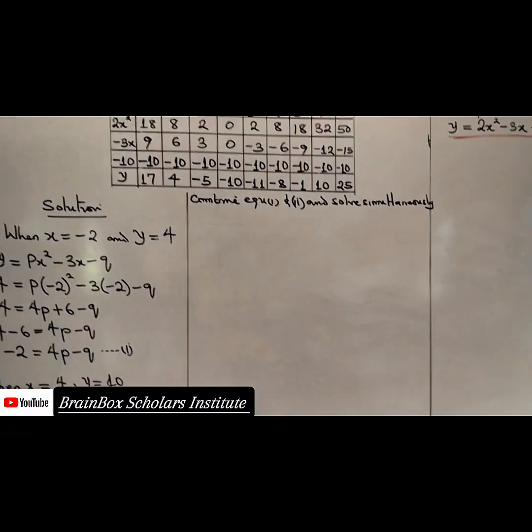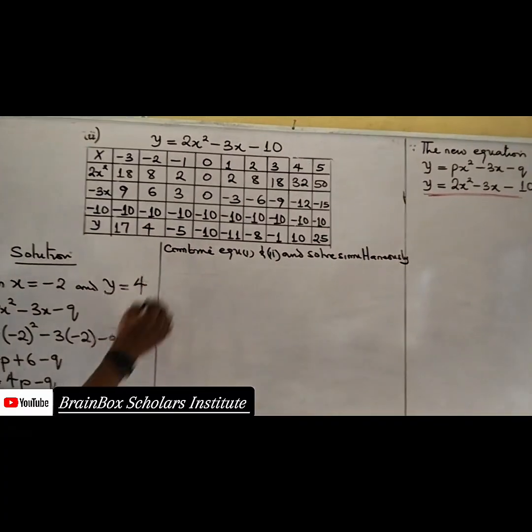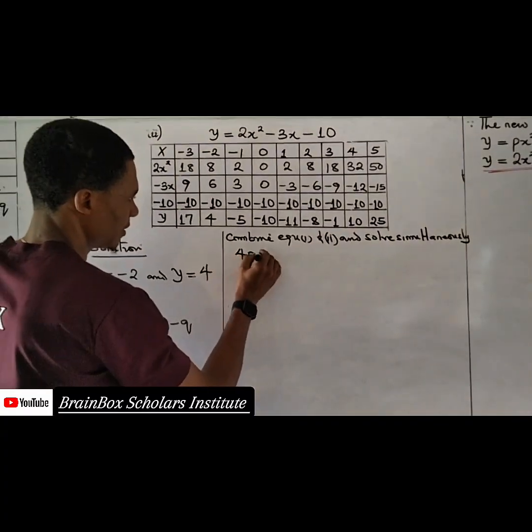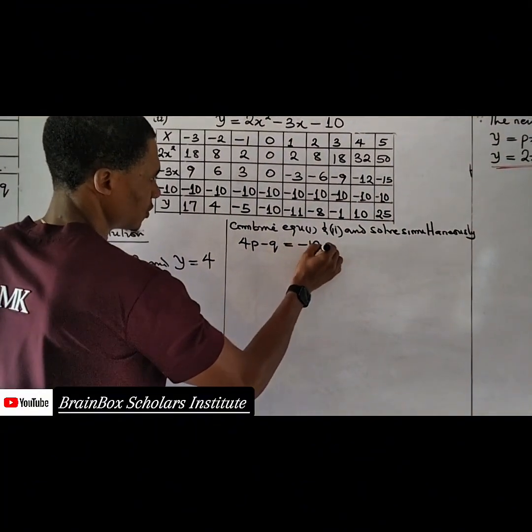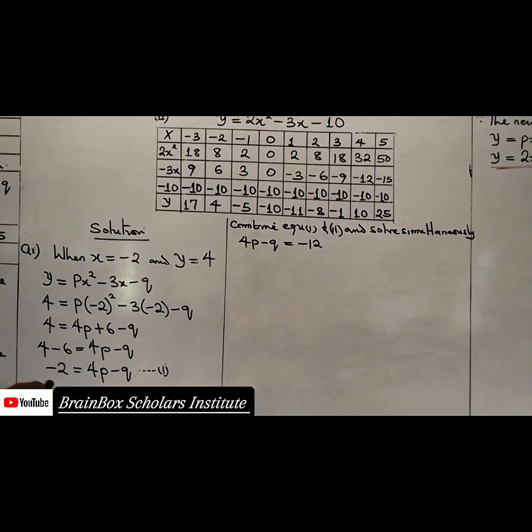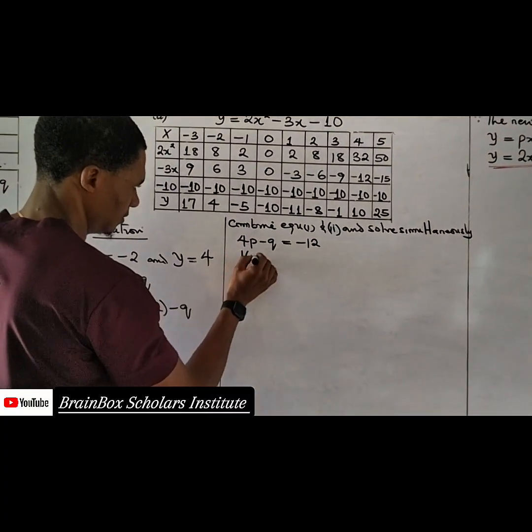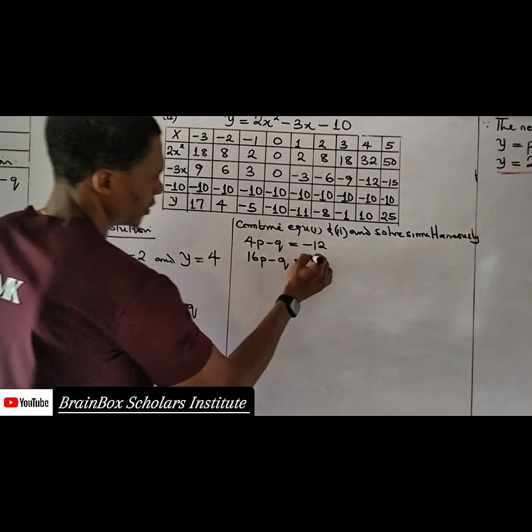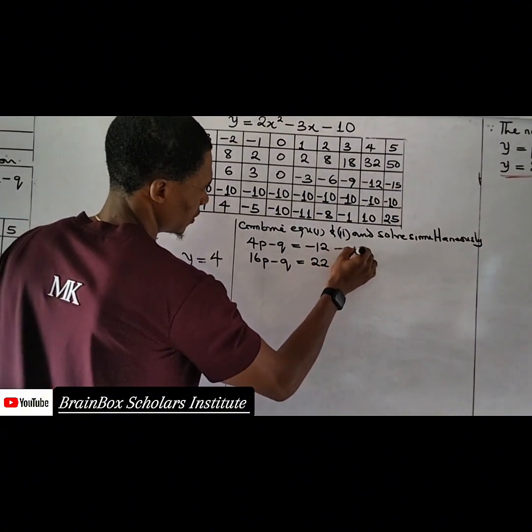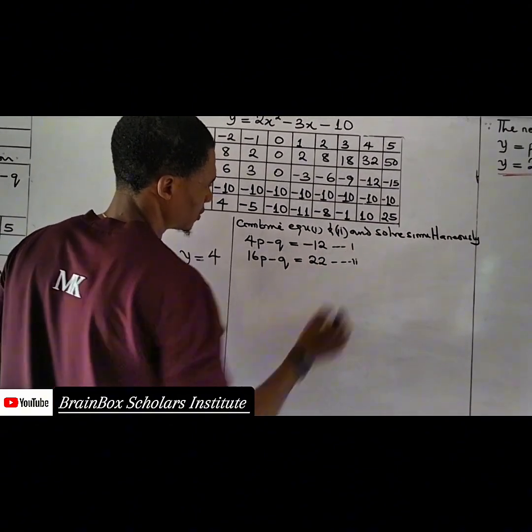So equation 1 says 4p minus q is equal to minus 12. Then equation 2 says 16p minus q is equal to 22. So this is equation 1, and this is equation 2.